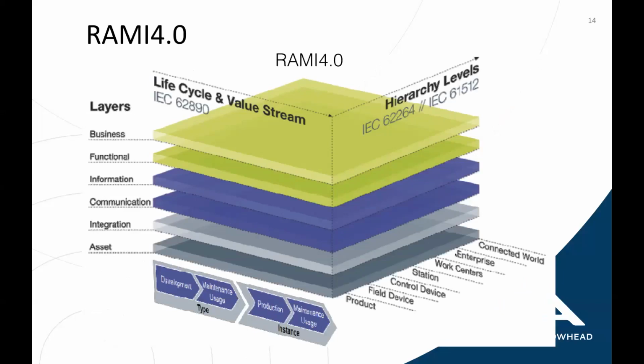And we can see that ISA-95 is basically on the lower right of this architecture. This is drawn as layers, but we should think of it as a continuum. That's how it in reality will work in the end.